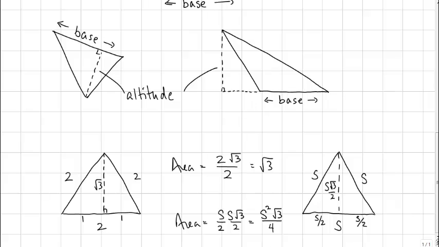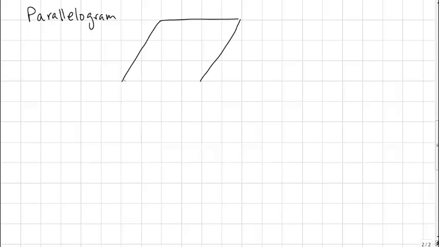So let's take a look at some other types of polygons, some quadrilaterals. If we have a parallelogram, a parallelogram has two pairs of parallel sides, and I'll use the notation for parallel.